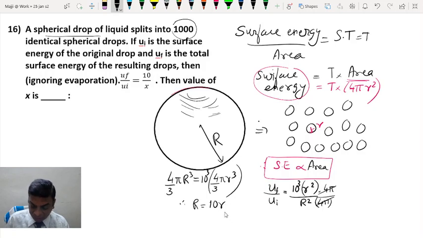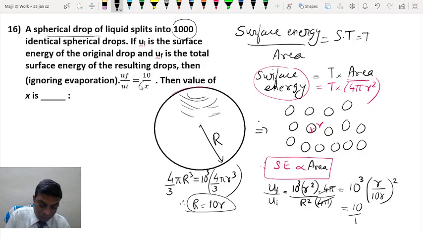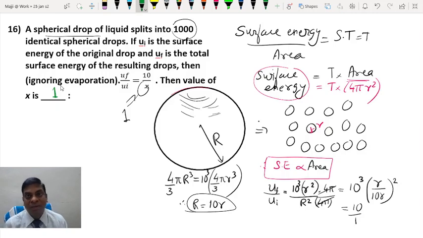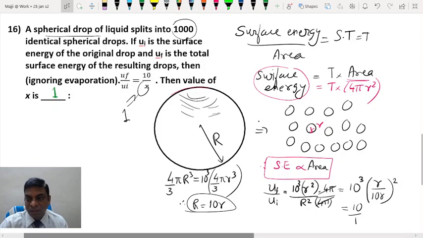So small r, you can replace small r by R by 10, or capital R can be replaced by 10 small r. So this is 10 power 3. So you have 10. So the value of x is 1. You are getting the ratio as 10, and they have been given as 10 by x. So 10 can be written as 10 by 1. So 1 is the answer.